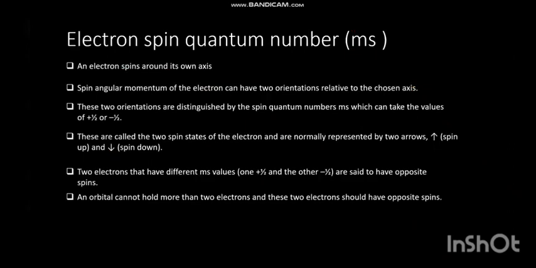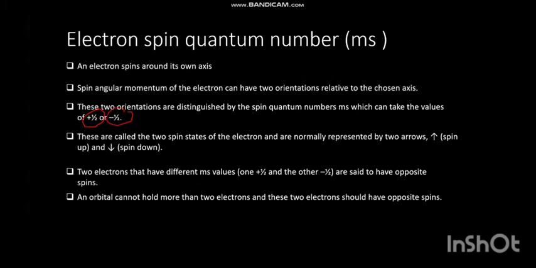Moving on to the last quantum number, which is the electron spin quantum number denoted by m subscript s. As we all know, an electron spins around its own axis, so it will have a spin angular momentum having two orientations, which have the values of positive 1 by 2 and negative 1 by 2.